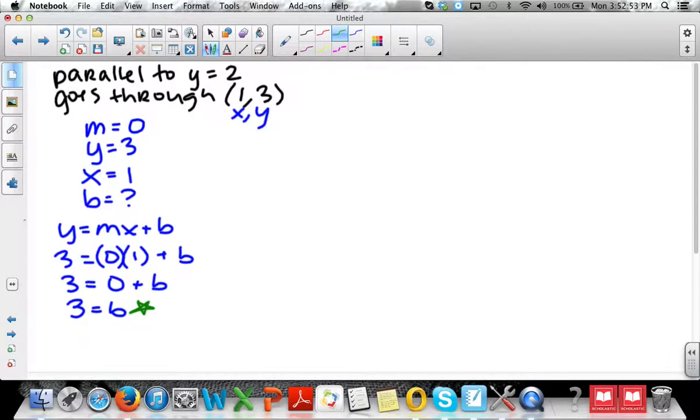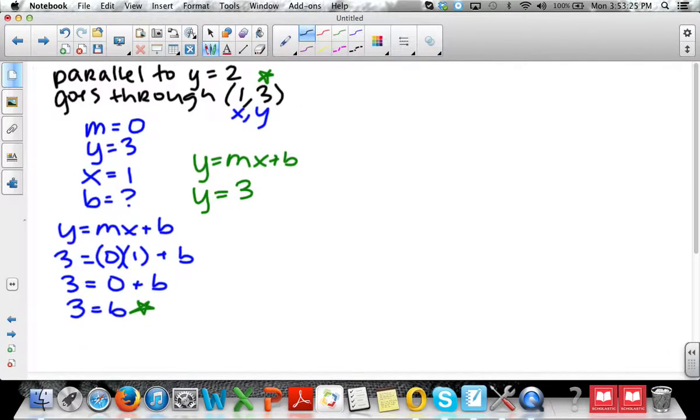It gets canceled out because m was 0. So if I write this into my equation, y equals mx plus b, there is no m, so mx is just gone because m was 0. But b is 3, so my line is y equals 3. So if it's going to be parallel to y equals just a number, it's also going to be y equals just a number, but it's going to be that number from your coordinate. They have to match.